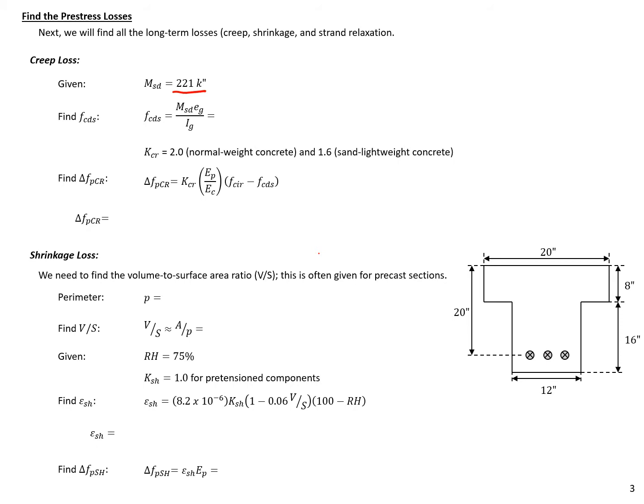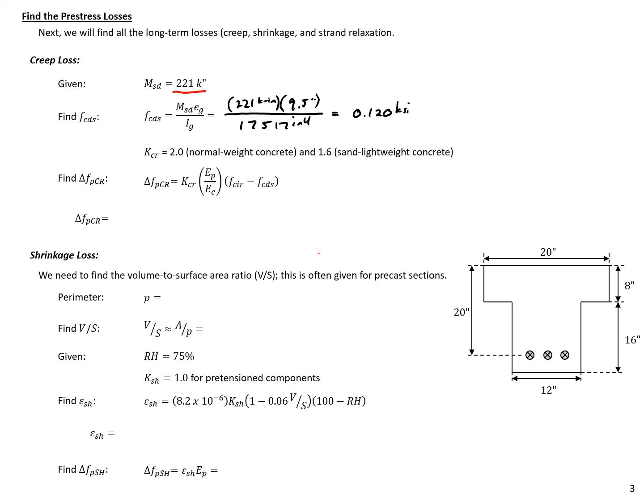So we have 221 kip-inches times 9.5 inches, our strand eccentricity, divided by 17,517 inches to the fourth, will give us a stress here of 0.120 ksi.